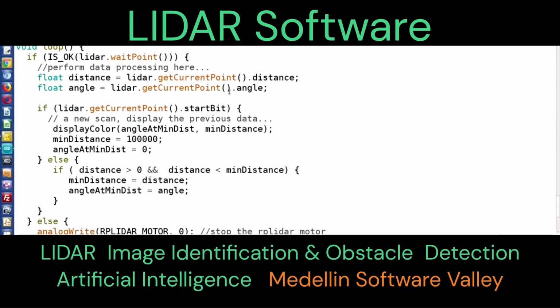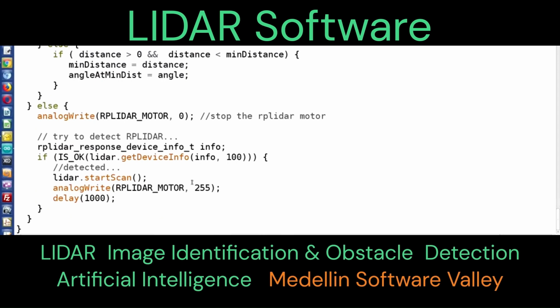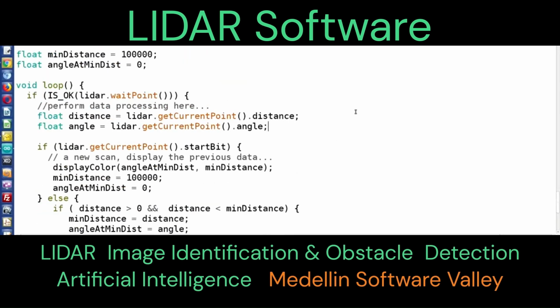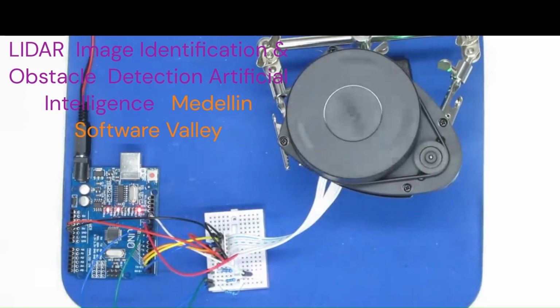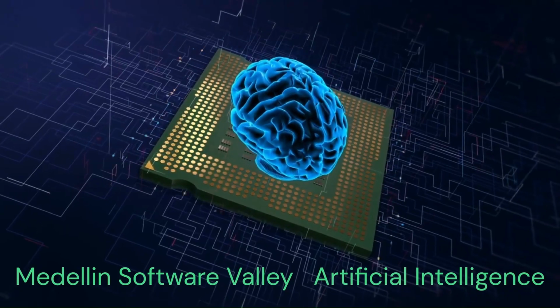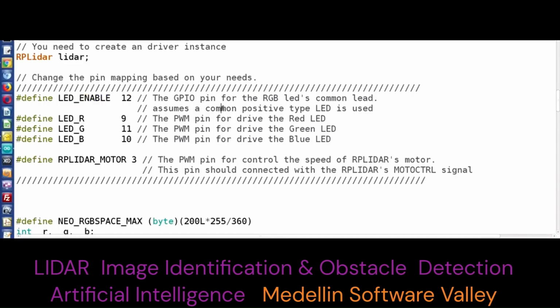An instance of the LIDAR light library is created. Now, in the setup function, when we initialized the serial monitor and started it at 9600 bits per second, we define the I2C communications protocol.